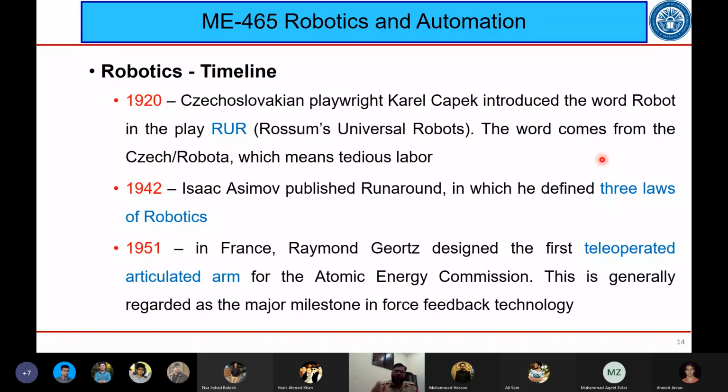After that, work on it did not progress rapidly. Then in 1920, a Czechoslovakian playwright, Karel Čapek, introduced the word robot in his play R.U.R., which was Rossum's Universal Robots. This word came from the Czech word robota, which means tedious labor. He termed a robot as something which can work for you for a very, very long time and will not tire.